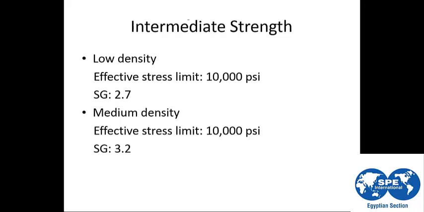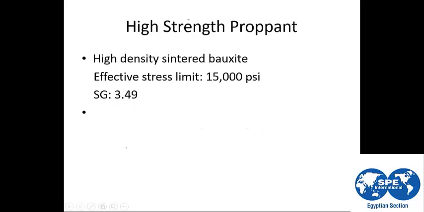It is low density, effective strength limit is 10,000 psi, and its specific gravity is 2.7. This is the low density proppant. Medium density proppant effective strength limit is 10,000 psi and its specific gravity is 3.2. High density or high strength proppant, its strength limit is 15,000 psi and the specific gravity is 3.49.